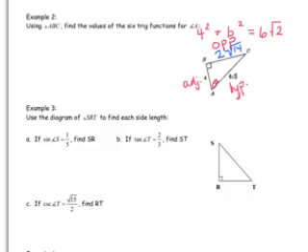All right. Sine of angle A equals opposite, which is 2 square roots of 14 over hypotenuse, which is 6 square roots of 2.